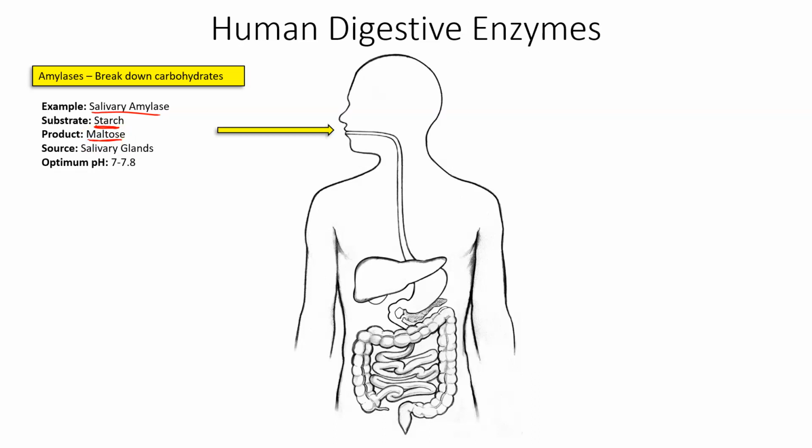Maltose will then further be broken down or further hydrolyzed into glucose molecules using an enzyme called maltase. The optimal pH of your mouth and the saliva is 7 to 7.8. About 7.5 is right in the middle of that optimal range. Okay? That optimum pH is ultimately going to maintain the optimal efficiency or optimal enzymatic activity of the salivary amylase.